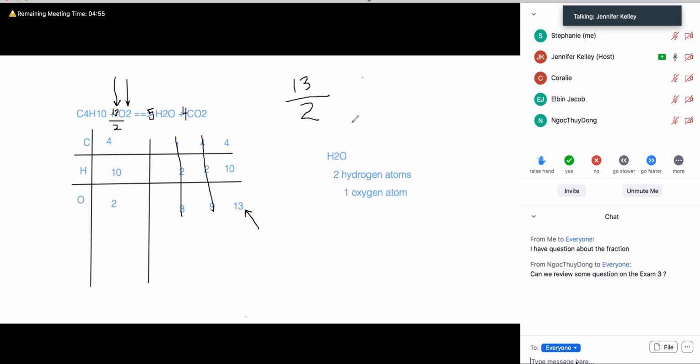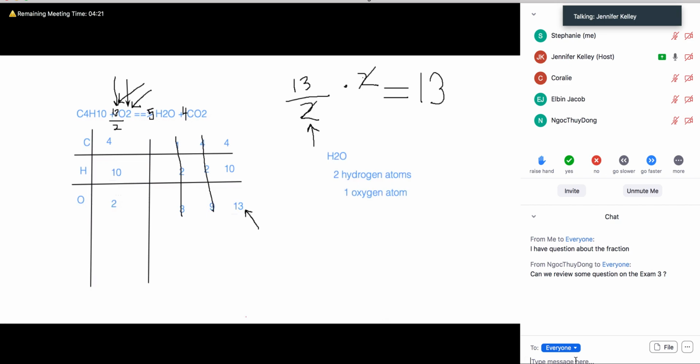And the reason I do that is if you take the subscript of the oxygen on the left and put it on the bottom, then when you put it over here as a coefficient, it has to be multiplied by the 2 that's the subscript of the oxygen when you're counting up the oxygen. And those 2's will cancel when you multiply them. And then the final answer is 13.